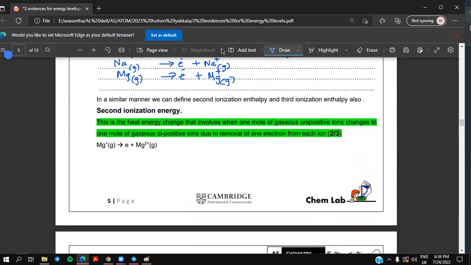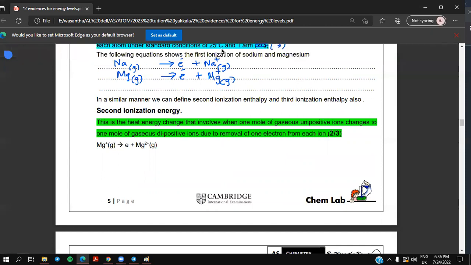In a similar manner, we can define second ionization enthalpy and third ionization enthalpy also in a very, very simple manner. We'll go to second ionization energy. Don't forget the first ionization energy. In the first ionization energy, what was formed?